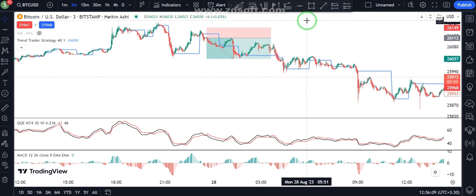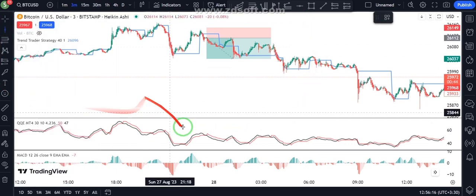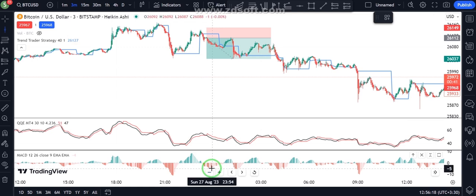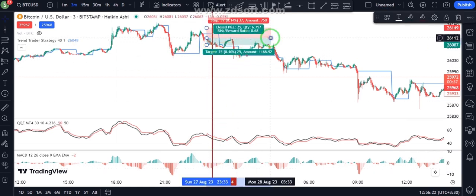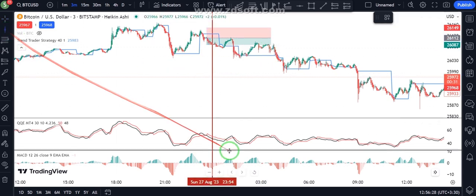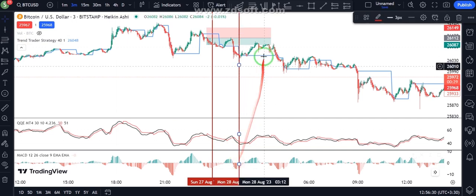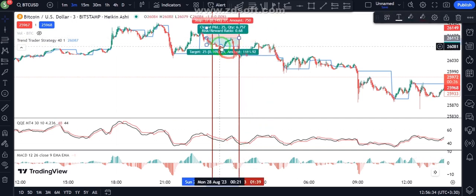Now for setting targets, we do it like before. Here is target 1. No, wait, here is target 1. It's not good. The next longest histogram bar is here and it's target 2.